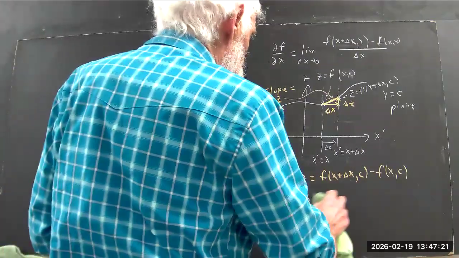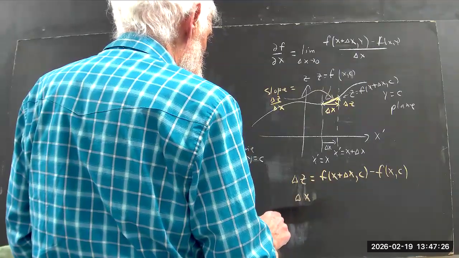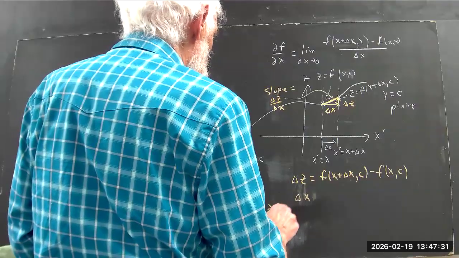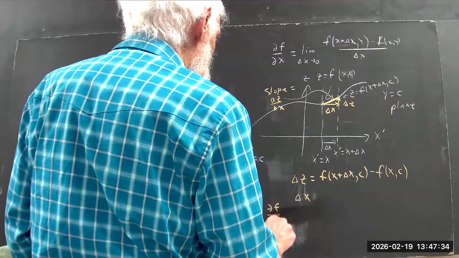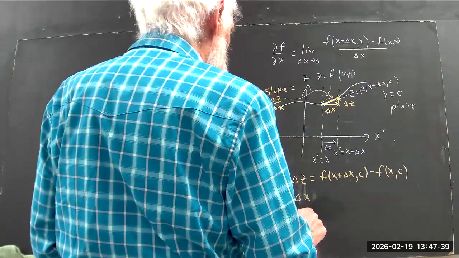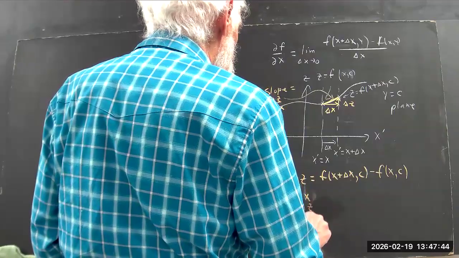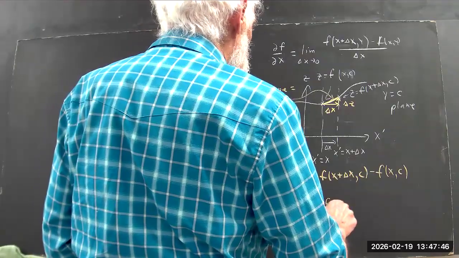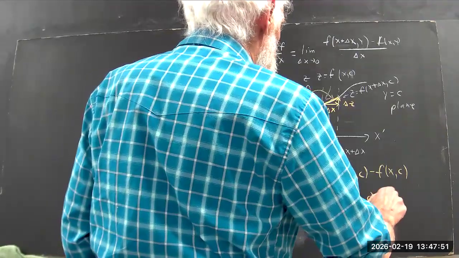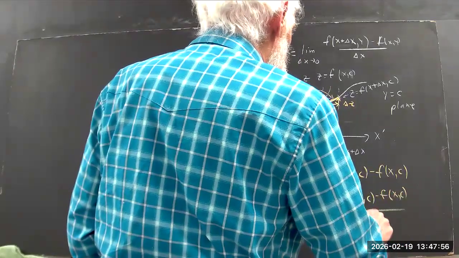I've got this written backwards, so let me rewrite it. I want to write partial of f with respect to x is approximately equal to delta z over delta x, which is f of x plus delta x, c, minus f of x, c, over delta x.